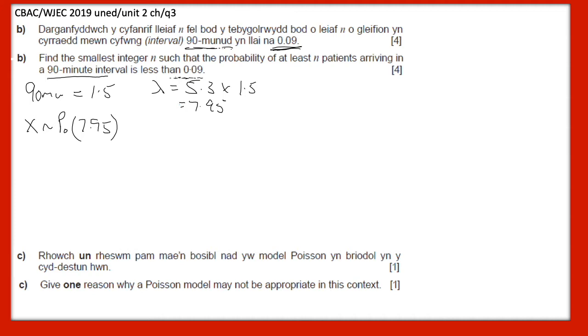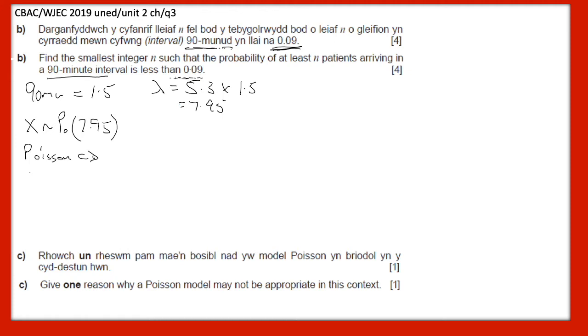So I'm going to use a calculator, but this time I'm using a Poisson CD, because it's a cumulative distribution. It gives me the probability, so I'm going to start at a reasonable number.